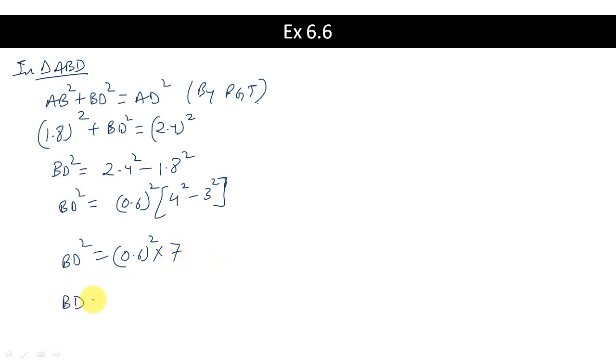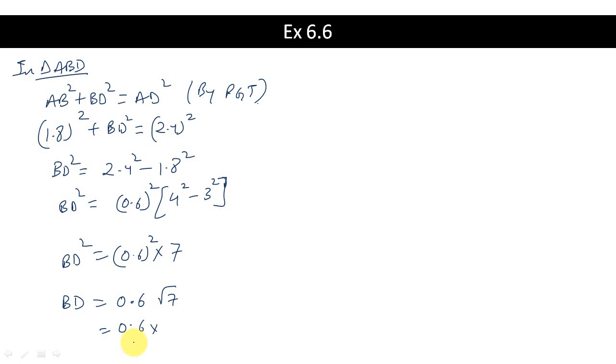So BD will be 0.6 root 7. And the approximate value of root 7 is, so I will write it as 0.6 multiplied by the value of root 7.